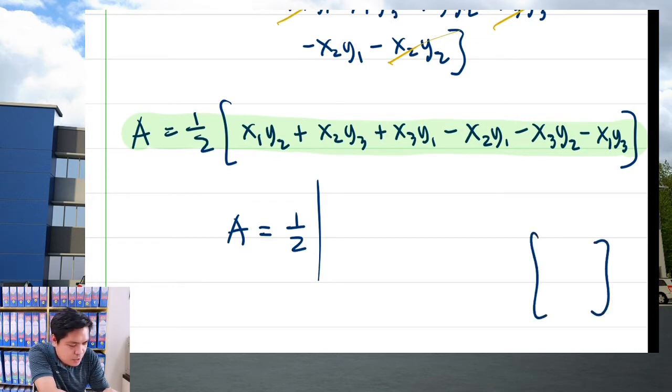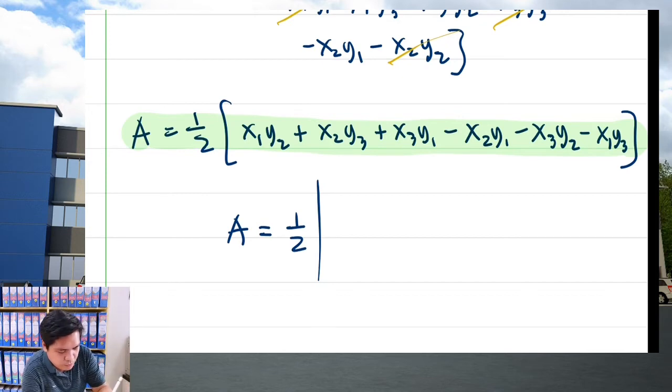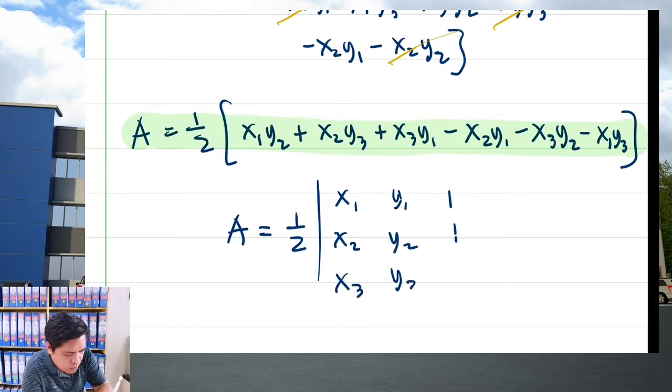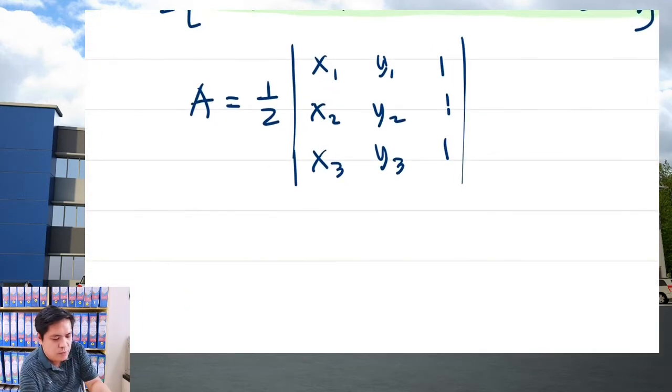This is a matrix, symbol for matrix, the determinant is this. So, in determinant form, it would be written this way: x1, y1, 1, x2, y2, 1, and x3, y3, 1. So, we just have a 3 by 3 matrix.